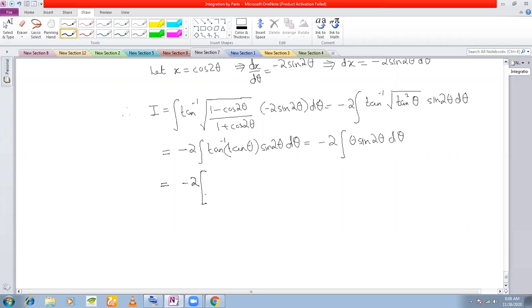First function you take theta, second function sine 2 theta d theta, minus integral of the derivative of the first function into the integral of the second function, and you integrate the whole thing, right?